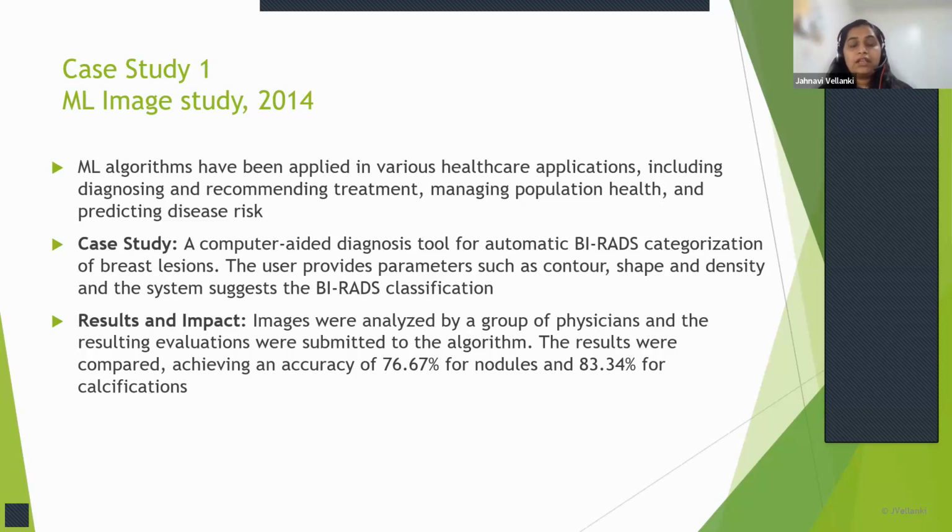And after they were defined, when the images were run and analyzed using the model, they saw that the accuracy of image reading between the physicians and the model was very high, 76.67 to 83.34.